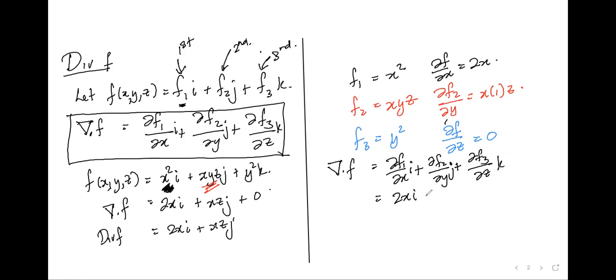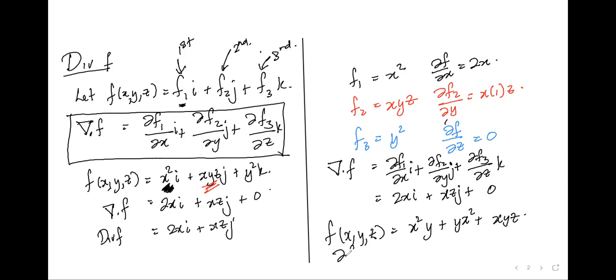That's why we get 2x i plus xz j plus 0. So we're taking each term and differentiating the first one with respect to x, the second one with respect to y, the third one with respect to z. Now, in the first instance, when we said differentiate, we differentiated everything.